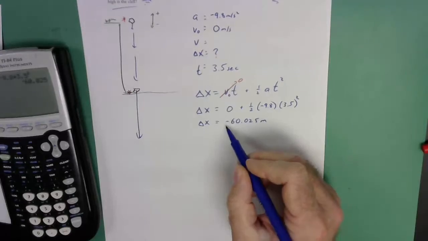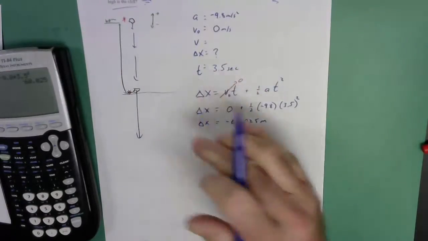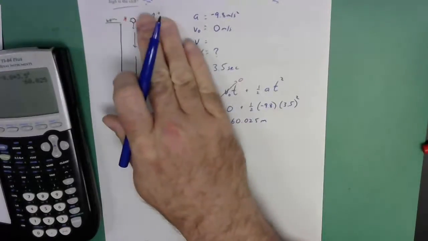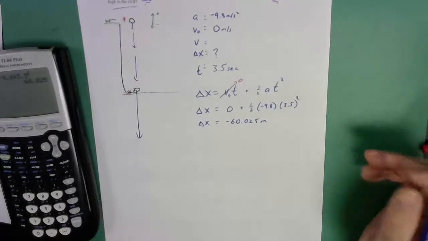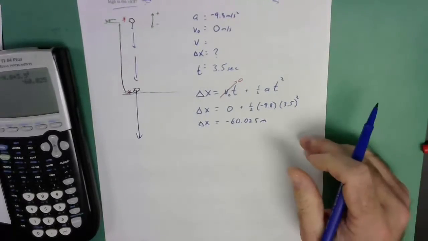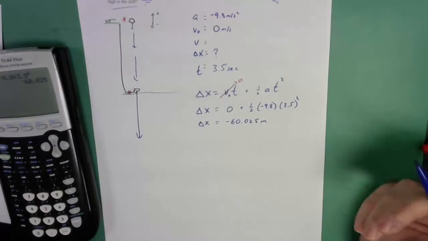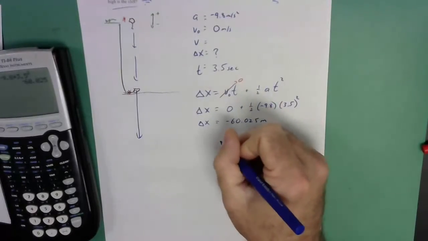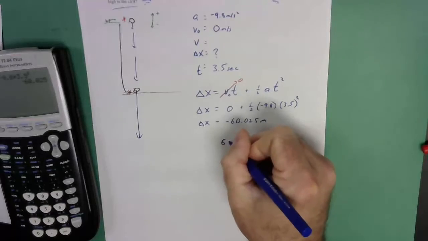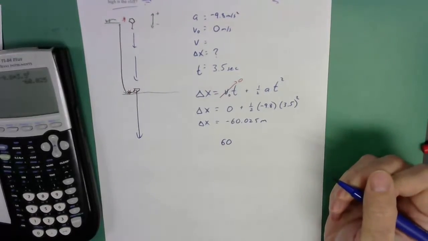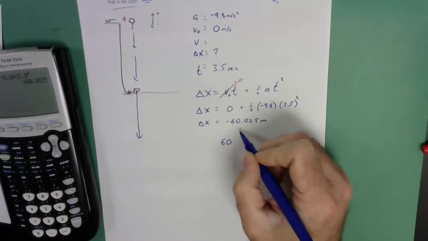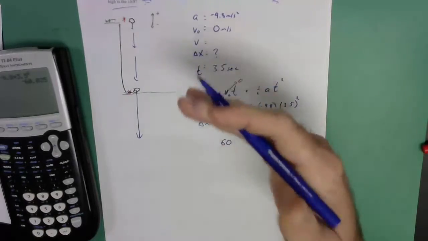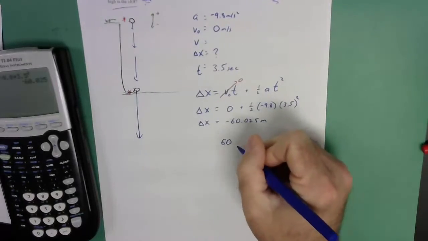The negative tells you direction. It says the rock went down. But when we talk about how high a cliff is, people don't usually want you to say the cliff is negative 60 meters to get from the top to the bottom. Instead, they usually report the height of a cliff as a positive value. So my final answer, I'm probably just going to flip the sign and say it's 60 meters. Does that make sense? The displacement of the rock is negative 60, but the height of the cliff is positive 60 meters. That's the way people will expect it.